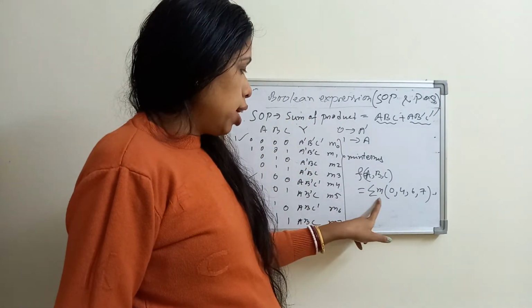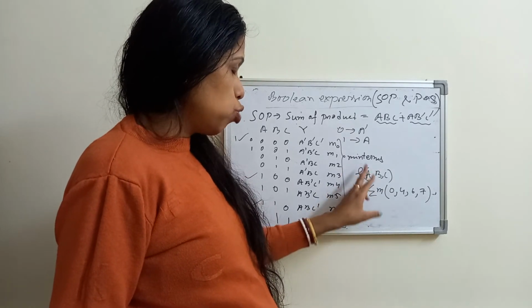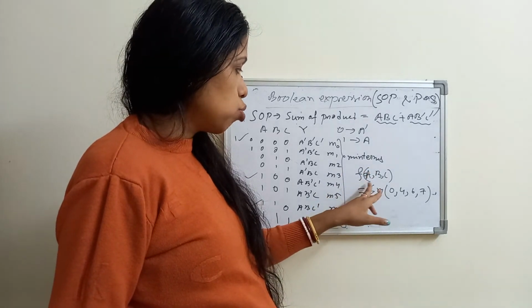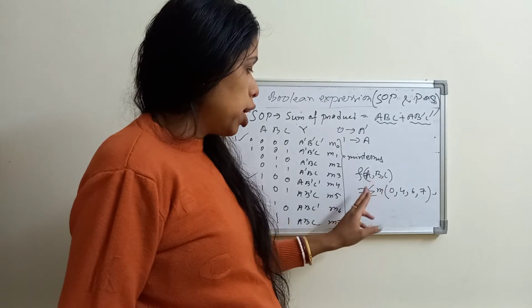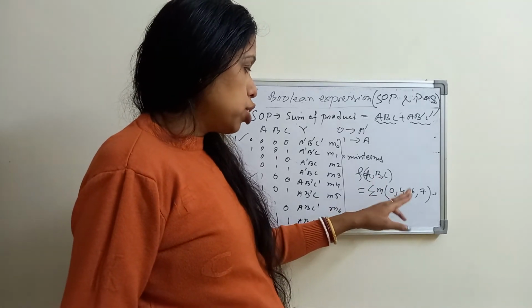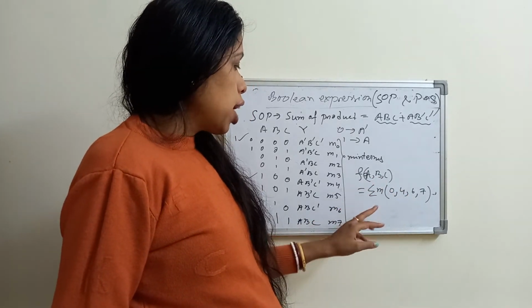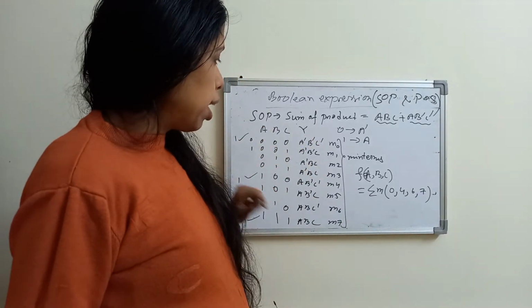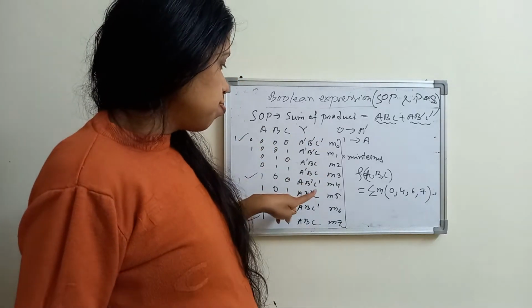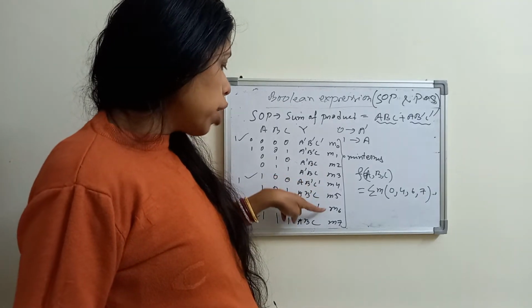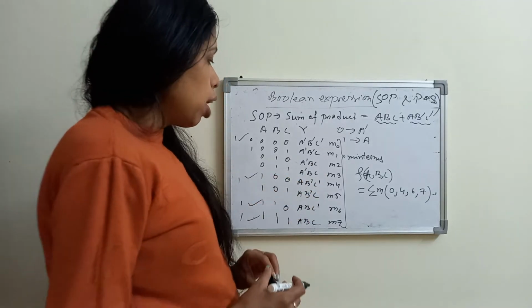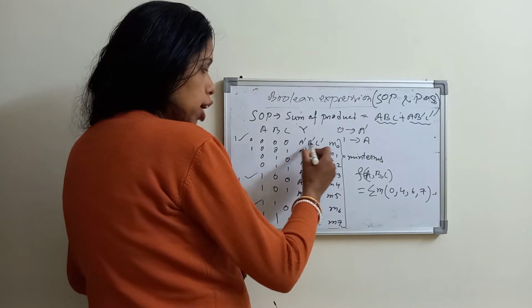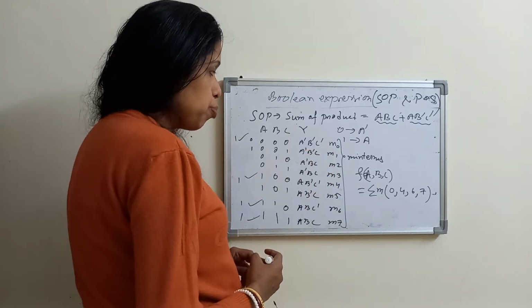Okay. So suppose you have a question, F within bracket A comma B comma C, summation m 0, 4, 6, 7. That means if you write the truth table, I have output in M0, M4, M6, M7. Now M0 can also be written as A prime, B prime, C prime.